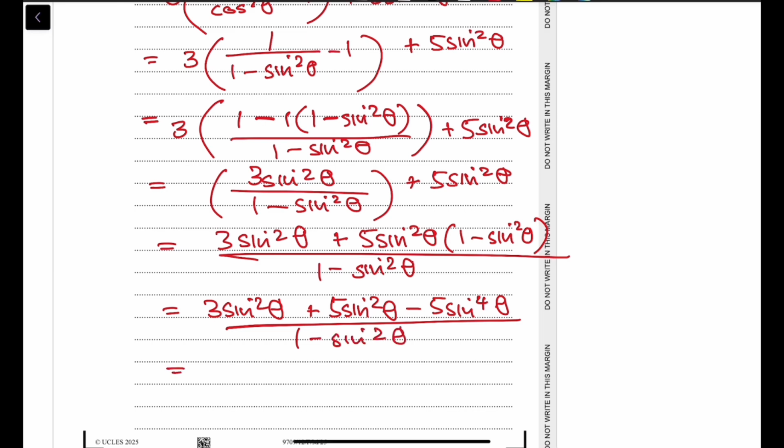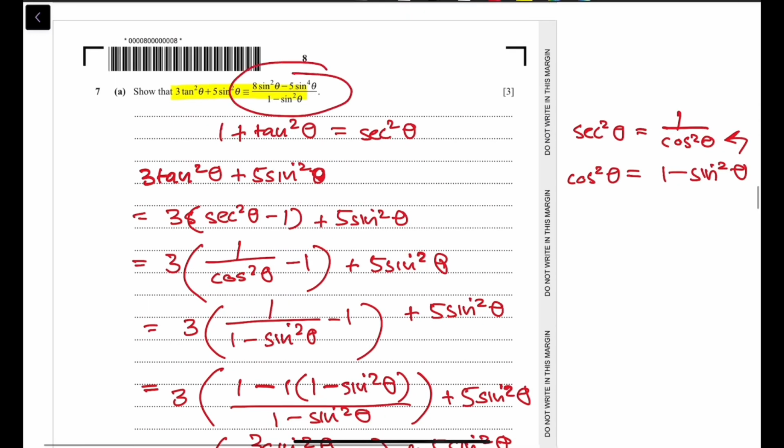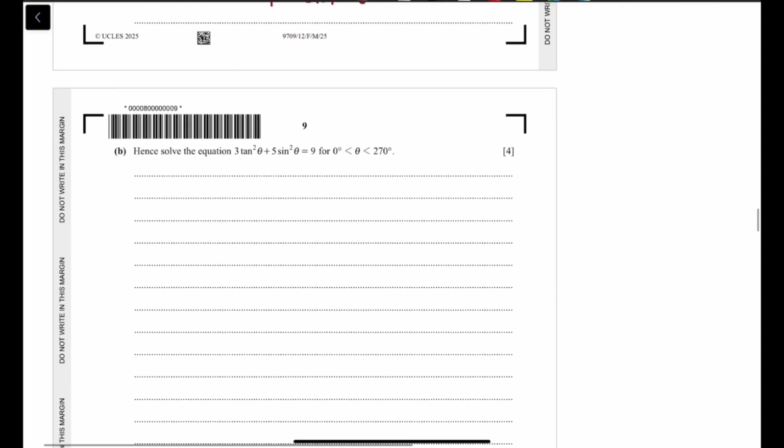If we add them together, you end up with 8 sine squared theta minus 5 sine to the power 4 theta over 1 minus sine squared theta, and we have our answer right there.